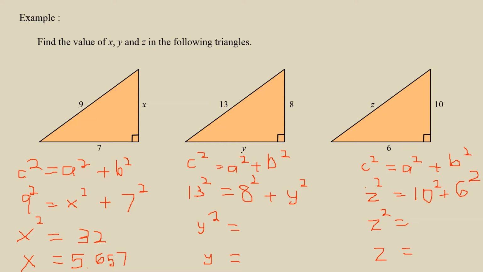The second triangle, given the hypotenuse is 13, but the value of b is y, so we need to find y, and a is 8. First, we need to substitute all the values and solve it to find y square.